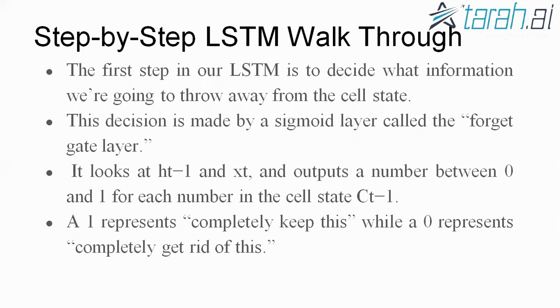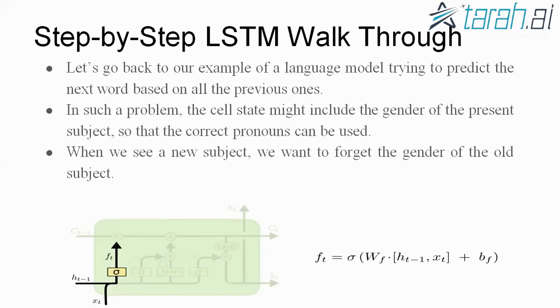But suppose there was a reference to Mary earlier and now it has become John, then the output of sigma could be 0 because it wants to remove the context of the earlier Mary. Any future reference will now refer to the new subject, which is John. So the forget gate is used for forgetting the older subject.